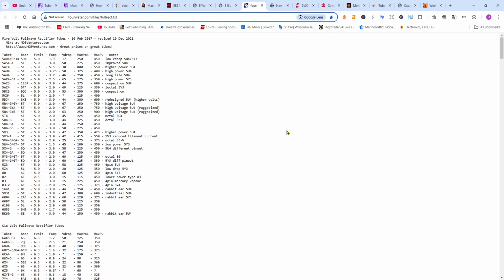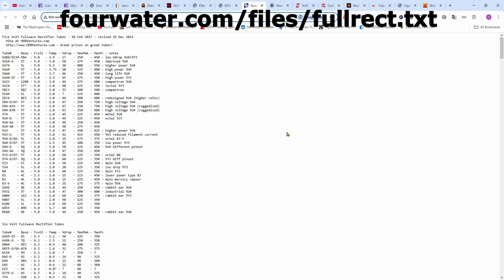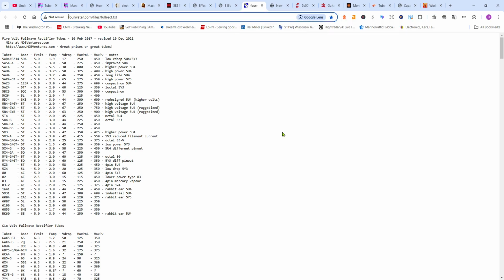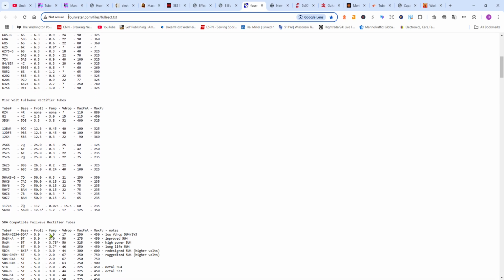Next one is just a little sheet that I ran across at one point, or it was recommended on a forum or something. This is done by a guy named Mike at mdbventures.com. It is a list of rectifier parameters. These are all 5 volt over here, and these are 6 volt, and then you have miscellaneous down here.